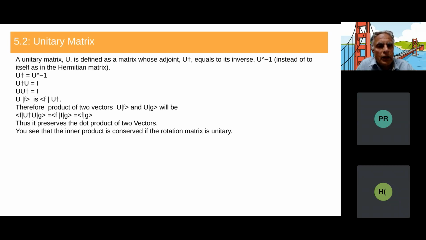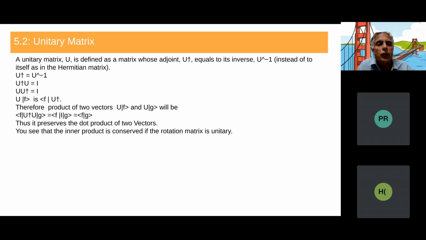If you have a matrix and you find its adjoint, the self-adjoint, and the self-adjoint is equal to the matrix itself, then we call it a Hermitian matrix. Here, instead of the matrix being its own adjoint, we define the unitary matrix differently.